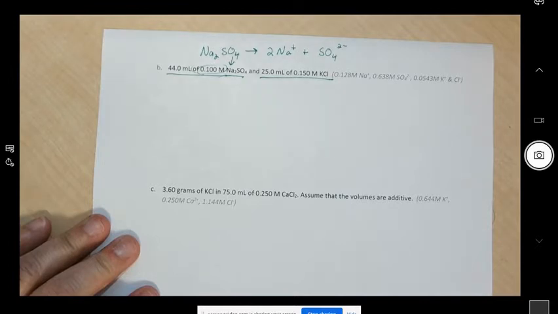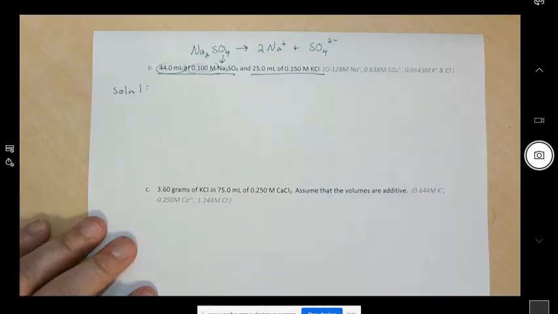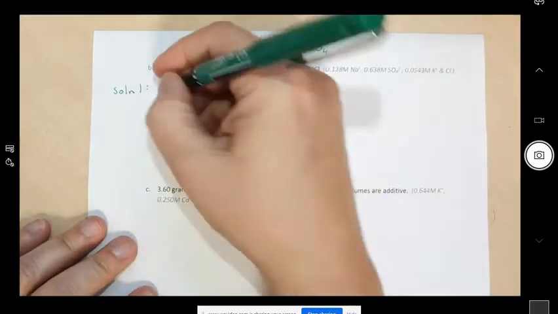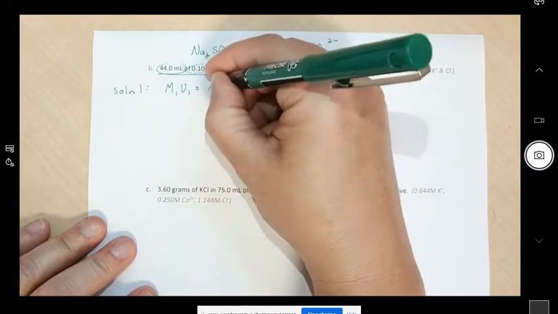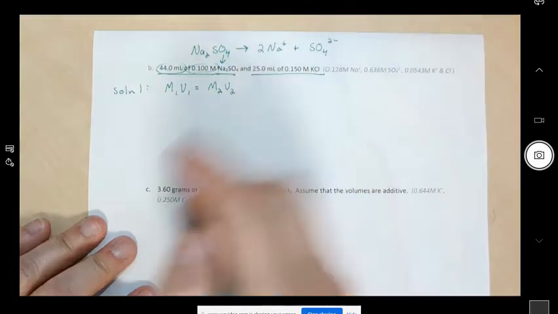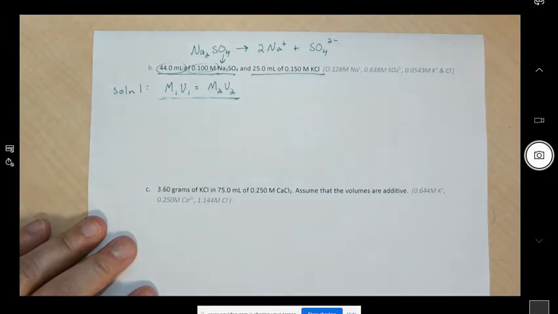So let's take a look at solution 1 first. I'm going to solve this one a little bit differently. Since I have no ions in common, one of the things I can use is M1V1 equals M2V2. The reason we can use this, and the only time we really can, is if moles of our ion are not changing.